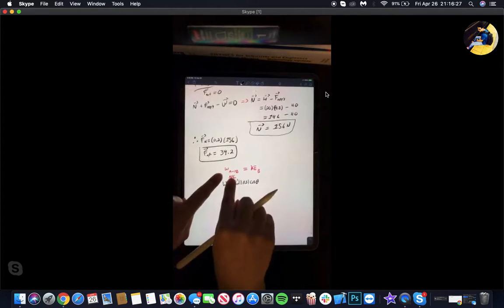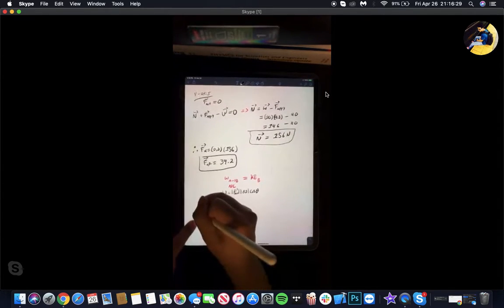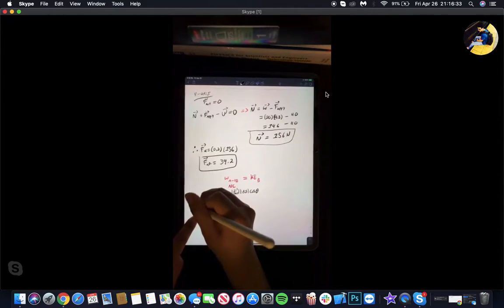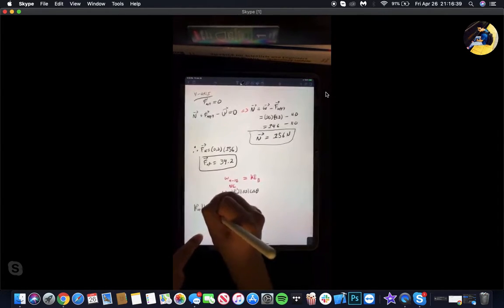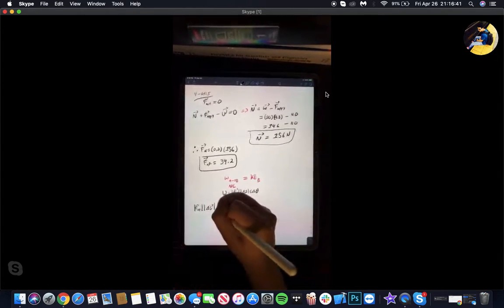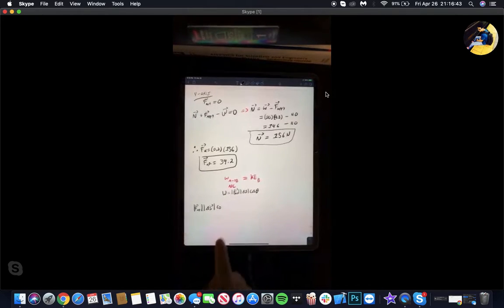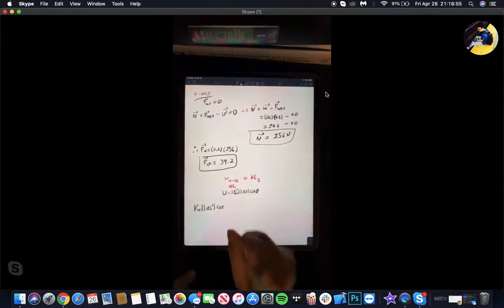The work of non-conservative forces would be the force of kinetic friction times the displacement. Wait, is that F net over there? Yes, that's F net. So I'm just going to do it separately. It's the force of kinetic friction times the displacement times cos theta.